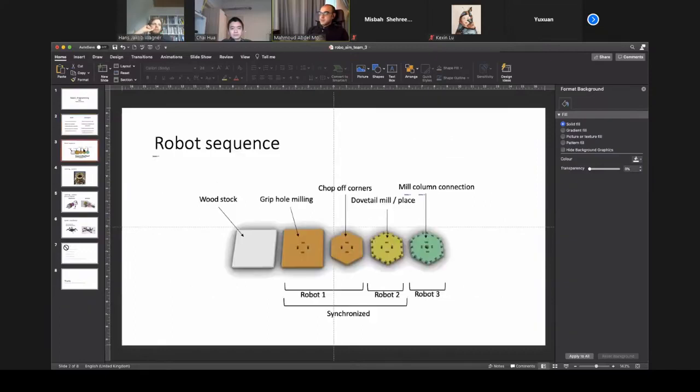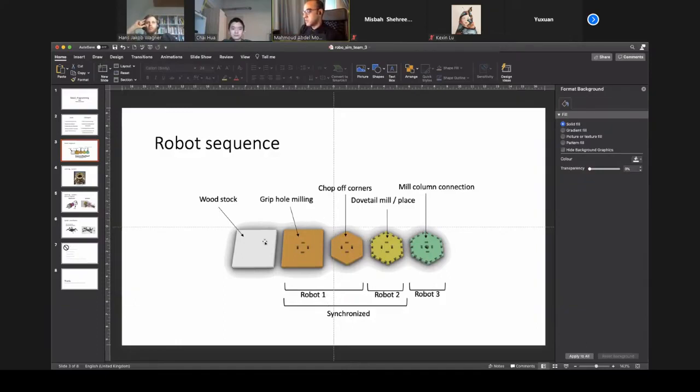So the first important thing: when robots are synchronized, we would start with each robot, before the assembly, milling its own grab holes, and then passing it down to the other synchronized robot.